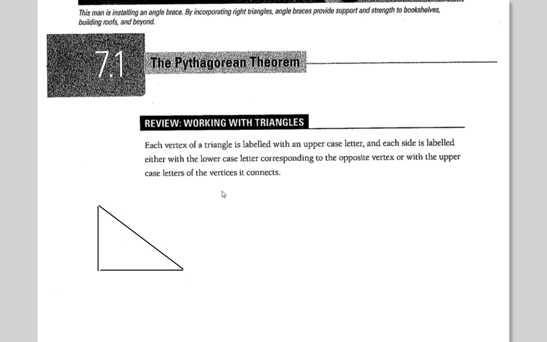The relationship says that the sides A and B, which we will call the legs of the right triangle, so A and B are the legs, have some relationship that relates them to the side opposite the 90-degree angle, which is called C, the hypotenuse.